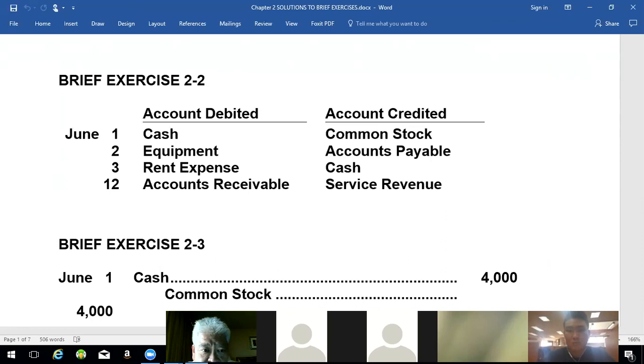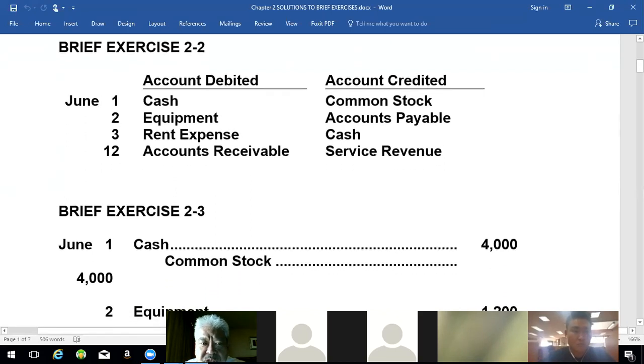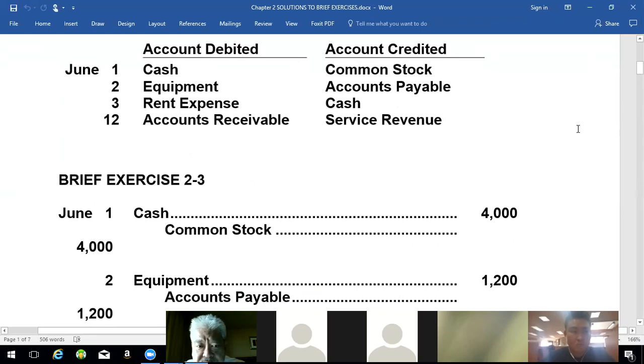These are times of the month of June where these four transactions occurred. So the first transaction was to create the business, and that was done by the owner investing cash into the business and getting common stock, which evidences his ownership of the business.